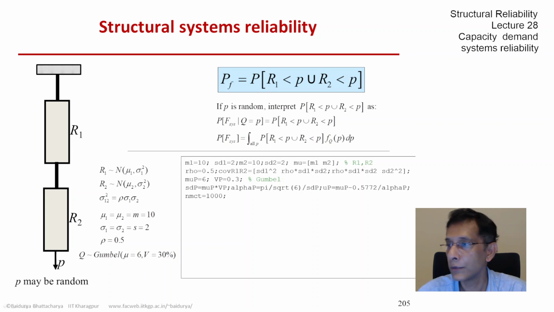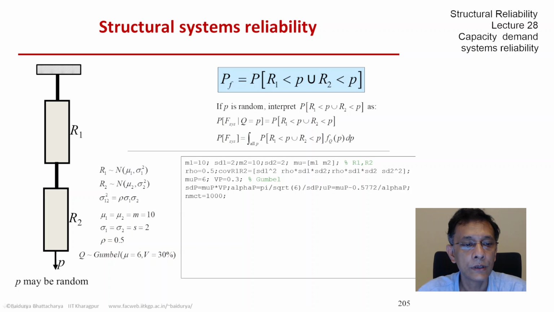Then the off-diagonal term is the covariance, rho sigma 1 sigma 2, and after the semicolon, again rho sigma 1 sigma 2, and the final term, the second diagonal element, is sigma 2 squared. For any larger problem, if it's jointly normal, we need to carefully define the covariance matrix, because that's what MATLAB needs.